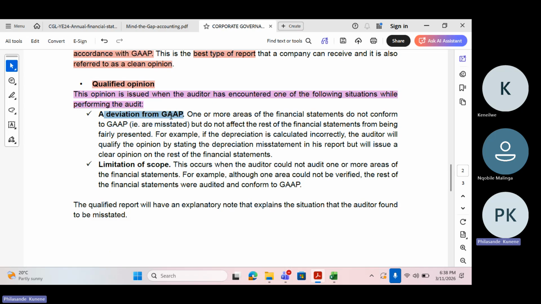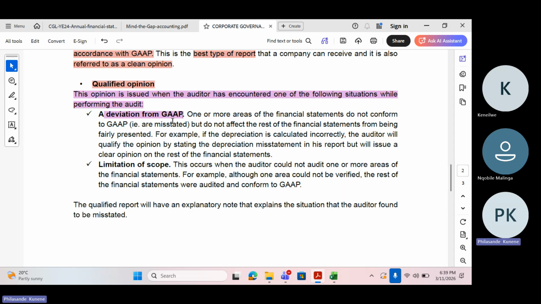A deviation from GAAP. You know we have GAAP principles, right? There are 6 of them. We have the matching principle, historical cost, business entity, prudence. If you deviate from those GAAP principles, if you run away, it means you are not in line.